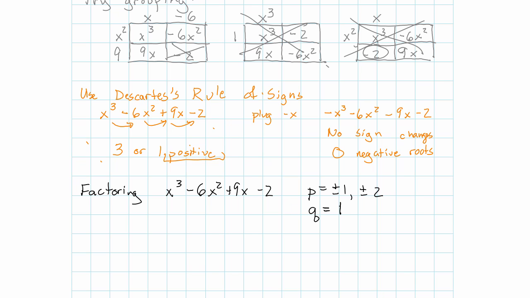That makes our life easier. So our possible rational roots are plus or minus 1 or plus or minus 2. Put that together with the fact that there are no negative roots, and our possible rational roots are just 1 or 2. Okay, I can handle that. I can do synthetic division with 1 and 2.